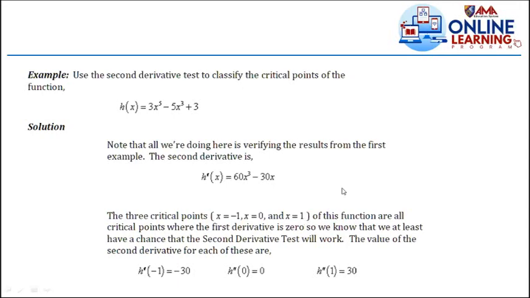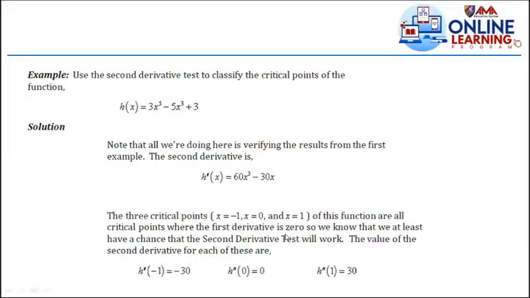If 30x is equal to 0, our x is equal to 0. So therefore, these are our three critical points of this function. They are all critical points where the first derivative is 0, so we know that we at least have a chance that the second derivative test will work.